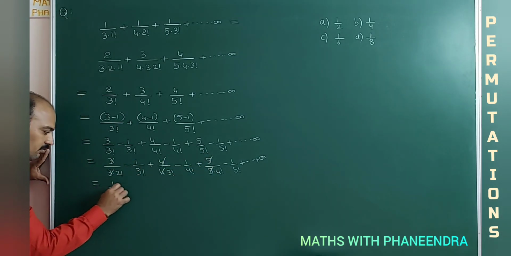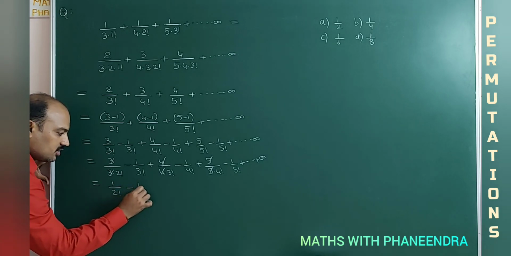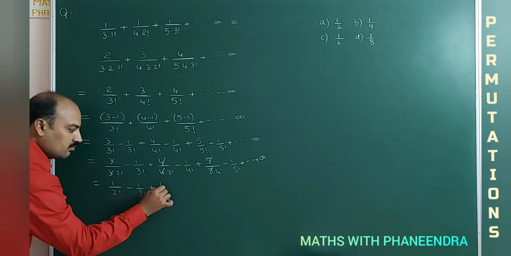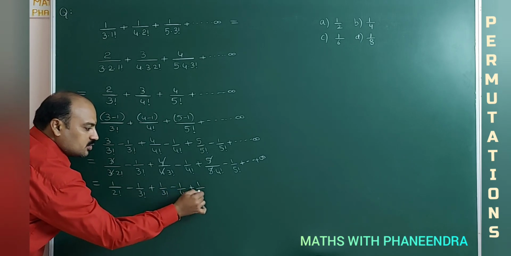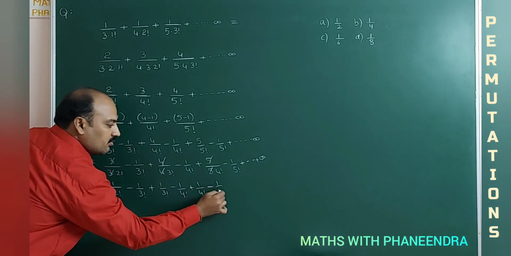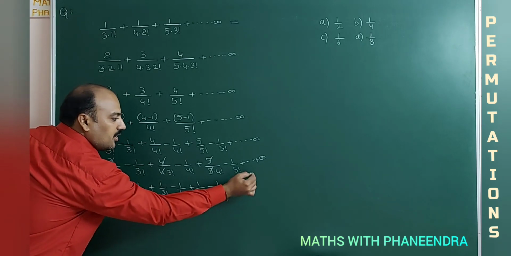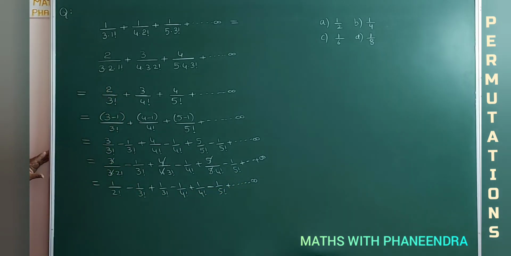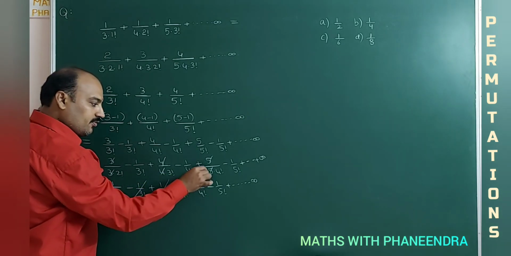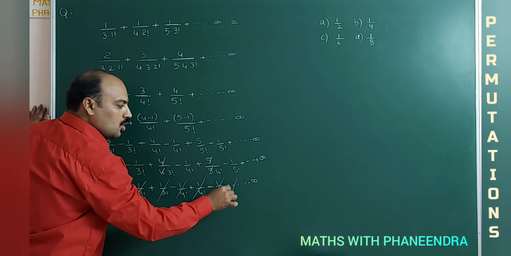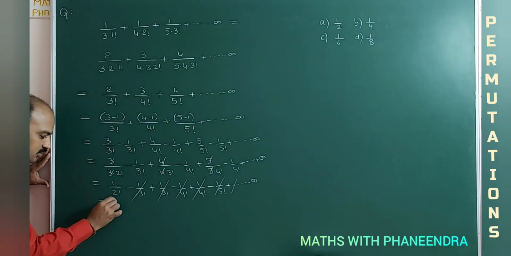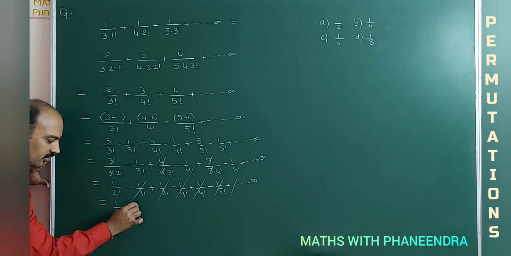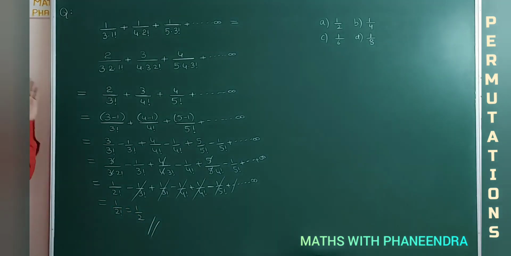That is equal to 1 by 2 factorial minus 1 by 3 factorial plus 1 by 3 factorial minus 1 by 4 factorial plus 1 by 4 factorial minus 1 by 5 factorial plus and so on. Like this, everything will be cancelled except 1 by 2 factorial, which means 1 by 2. So the series answer is 1 by 2.